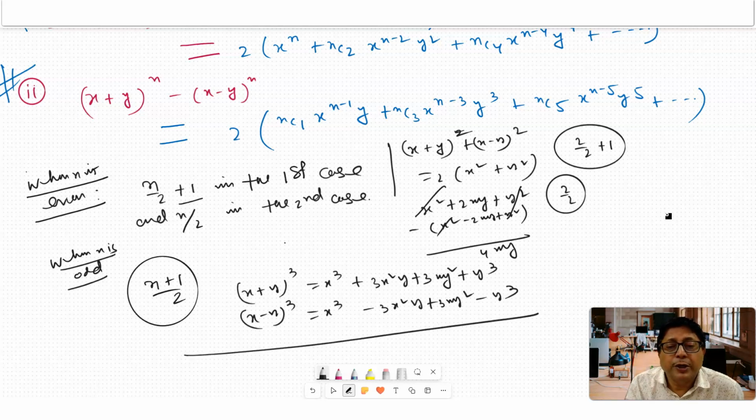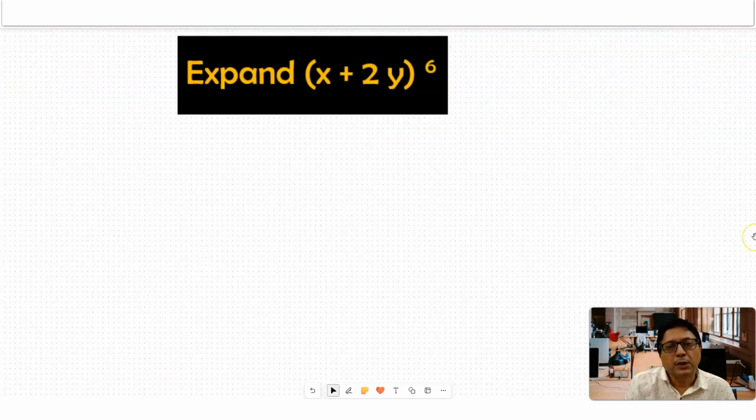So if you add, you will get 2 terms. If you subtract, you get 2 terms. So that's why I have written the number of terms as (3 plus 1) by 2. You can test it with n equal to 5 also.